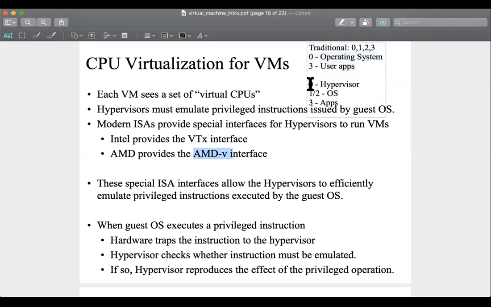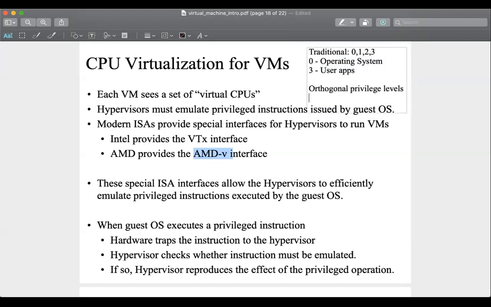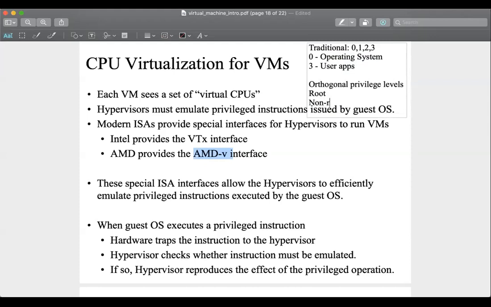In order that their execution levels don't break, we are going to provide 2 additional levels of privileges. They introduced 2 orthogonal privilege levels, called root mode and non-root mode.